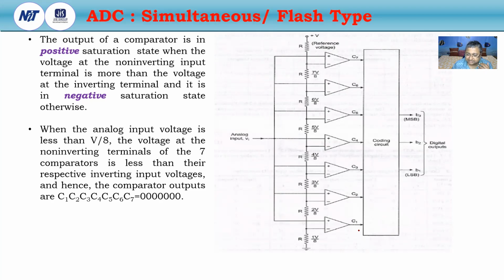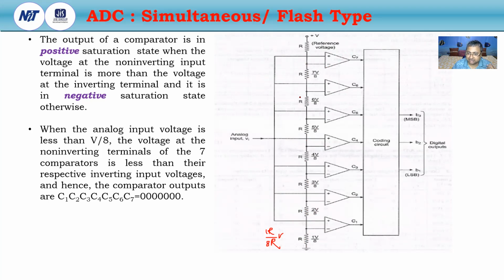Now the reference voltage of the first comparator will be 1R divided by 8R, since a total of 8 R's are there, into the reference voltage V. So that means 1 by 8 V. Here this is 2R, R plus R, 2R divided by 8R into V. Similarly, for this comparator, the total number of R connected with the inverting terminal is 7.